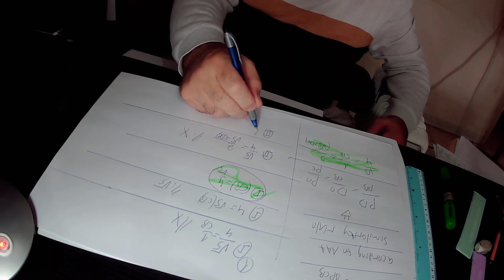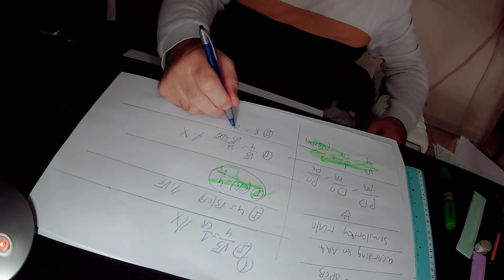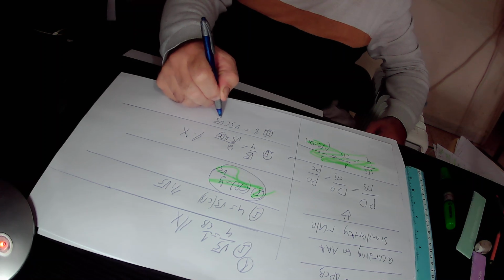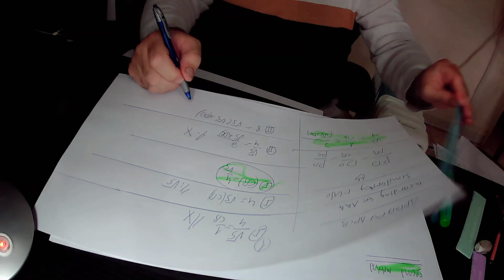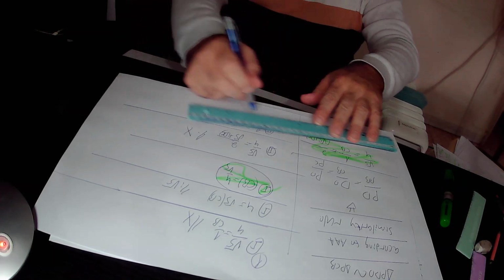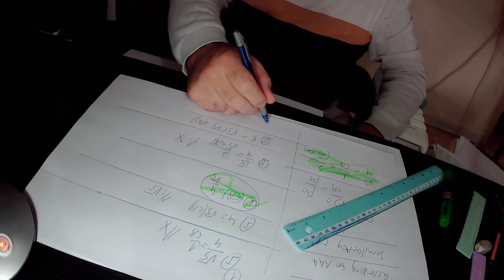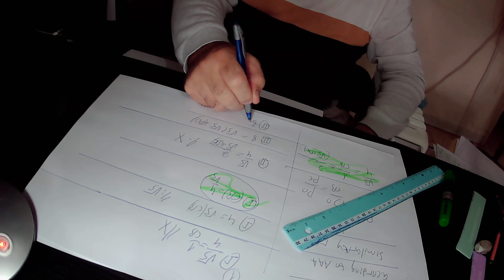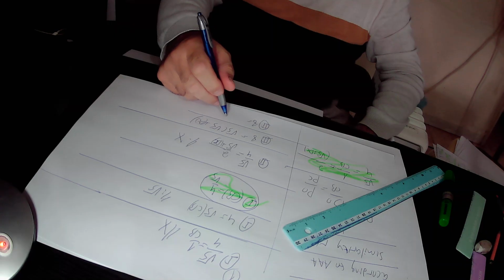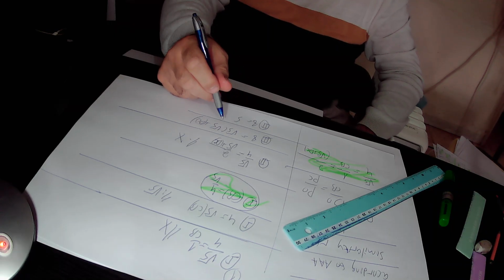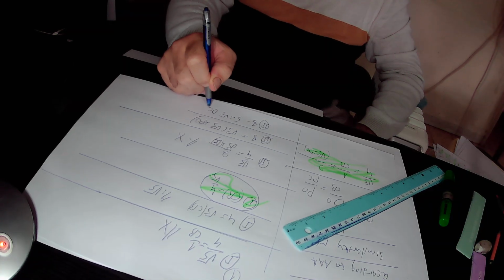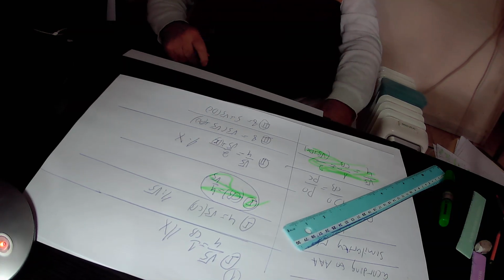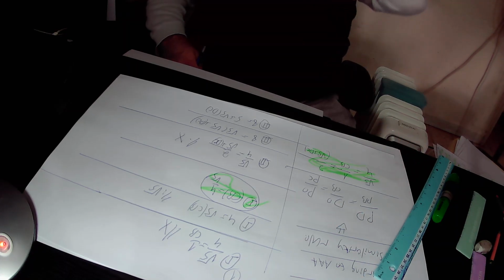So 8 equals square root of 5 times square root of 5 plus DC. 8 equals the square root of 5 times the square root of 5, which is 5, plus square root of 5 times DC. So in total, according to equation 2, 8 equals 5 plus square root of 5 times DC.